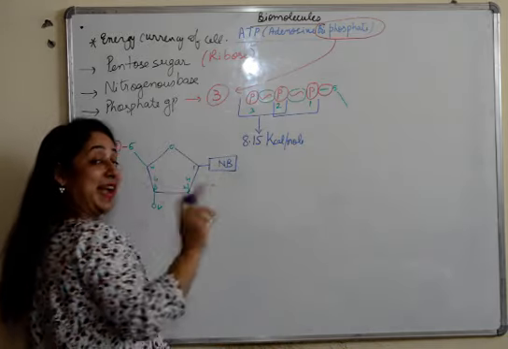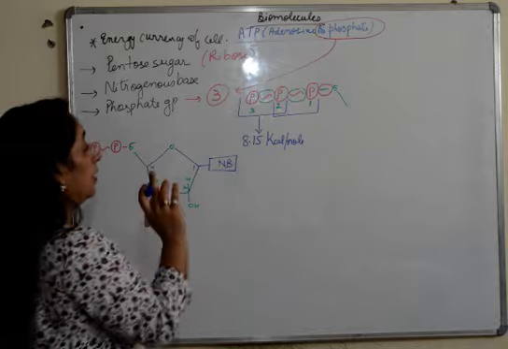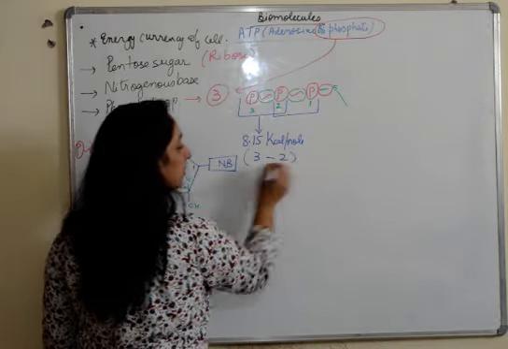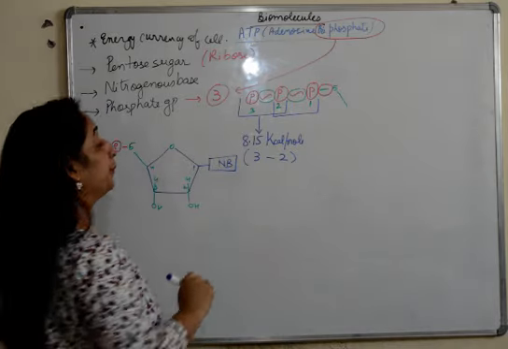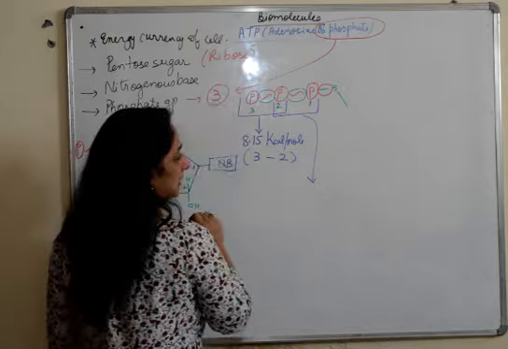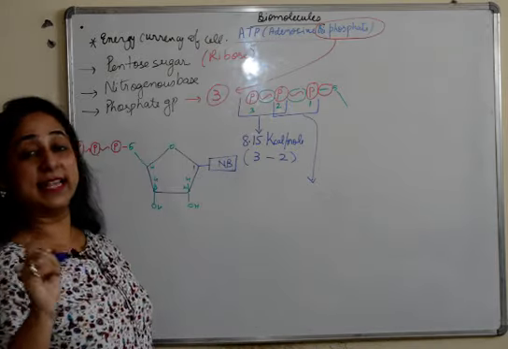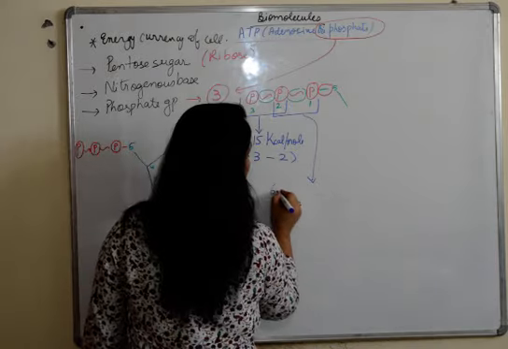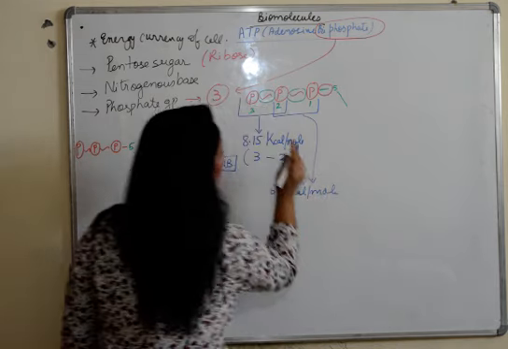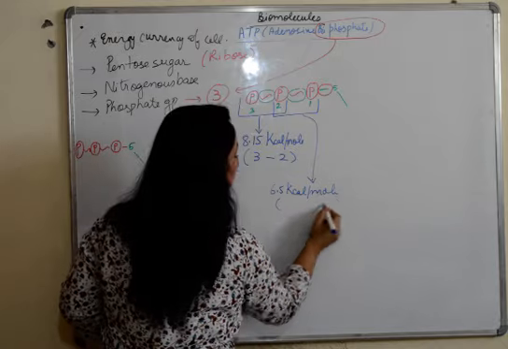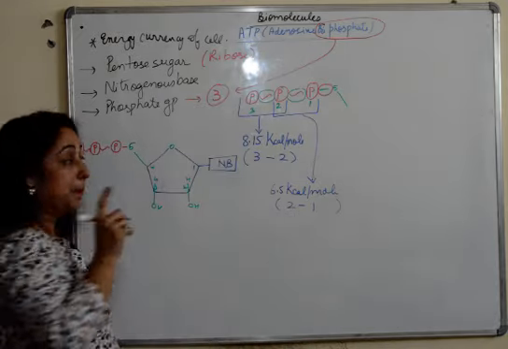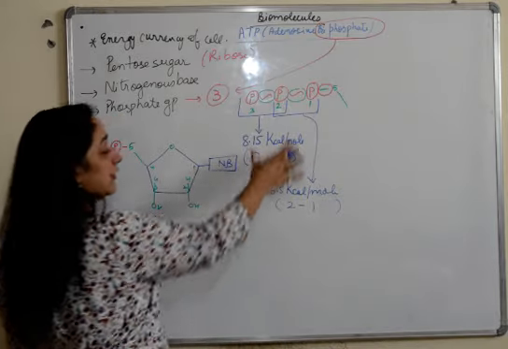Fine, 8.15 kilocalories. Which bond is breaking here? 3rd and 2nd, between 3rd and 2nd phosphate group. Next, when the other one breaks, the energy released is 6.5 kilocalories per molecule. And which bond is breaking here? 2nd and 1st phosphate.